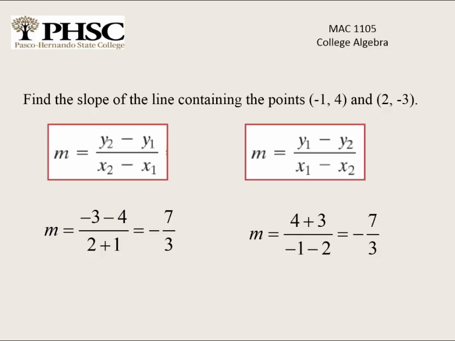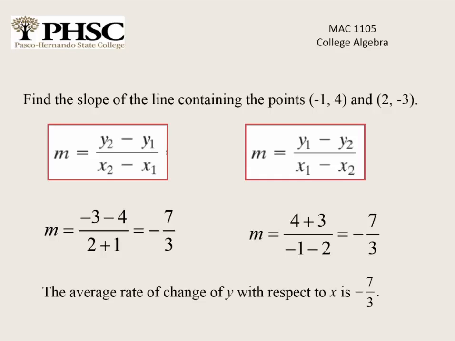And the other way, we have 4 plus 3, and then -1 minus 2, which gives us the same, -7/3. So the average rate of change of y with respect to x is -7/3. What does that mean? Another way of looking at it is that for every 7 steps on the y-axis, we go 3 steps on the x-axis, so rise over run.